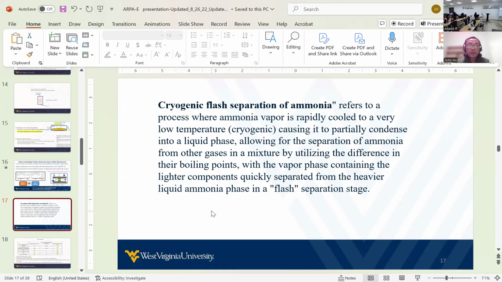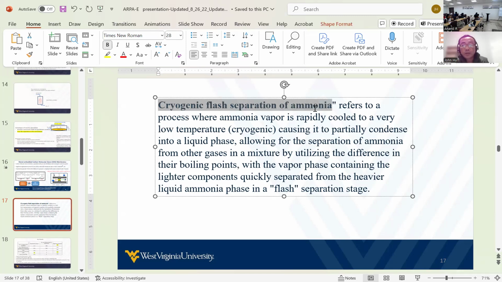Hydrogen, nitrogen, and ammonia have different boiling points. So the vapor phase containing the lighter components is quickly separated from the heavier one, which is ammonia. That's called flash. So what does it mean? Everything in the vapor phase, all of a sudden you chill the whole thing under ambient pressure, and then ammonia condenses. It's called flash, and the nitrogen and hydrogen will be gone. So this can also be applied to the separation of ammonia.